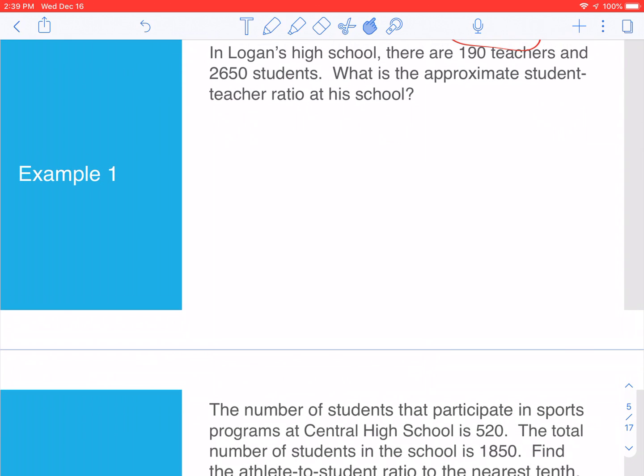So that's a basic thing we're going to be doing with ratios and proportions. Okay, so the ratio here, it says student to teacher ratio. 2650 over 190. What is the approximate student to teacher ratio?